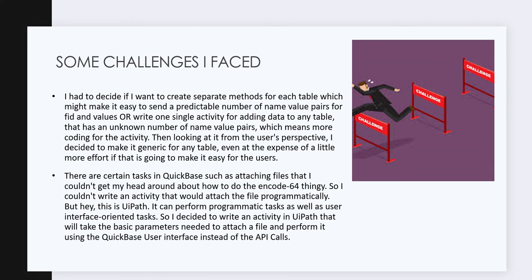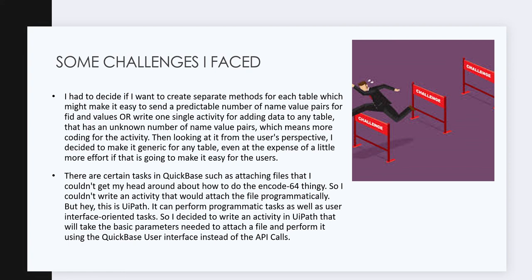Those are some of the things that I could not do from using programmatic activities or QuickBase API calls or anything like that. So then I thought, hey, wait a minute, this is UiPath, which is primarily meant to automate human activities and human tasks, right? So I leveraged UiPath to build activities.